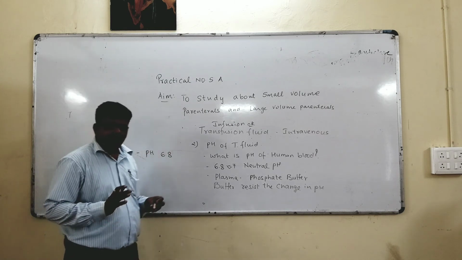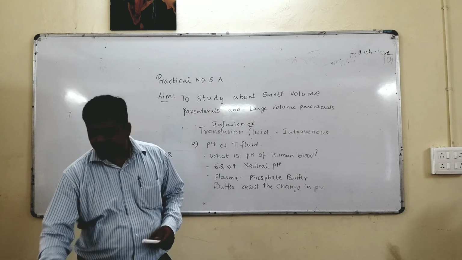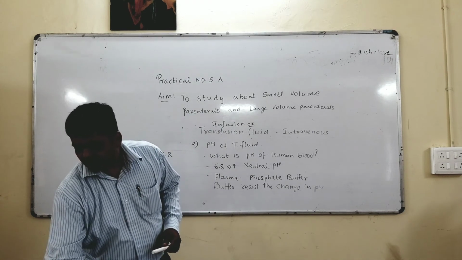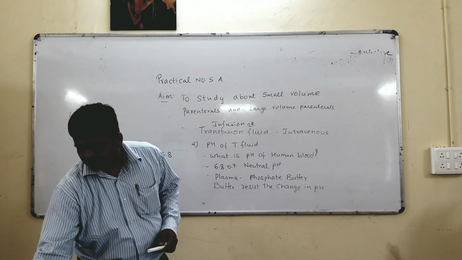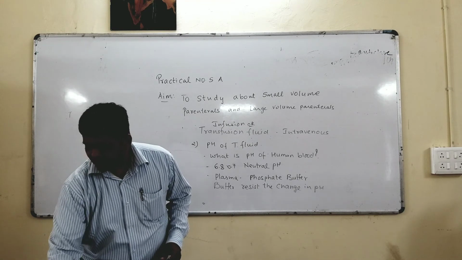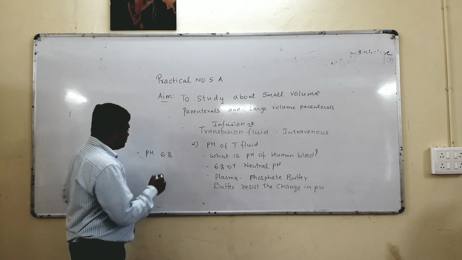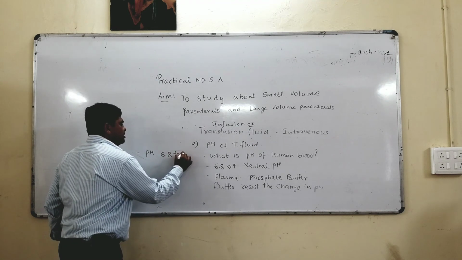That means the transfusion fluid pH must be near to the pH of plasma, 6.8 to 7.4.